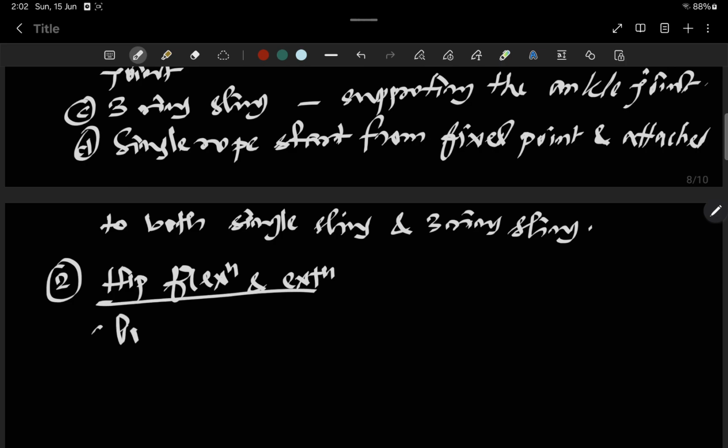Same as before, the position is side lying. Type of suspension used: axial suspension.